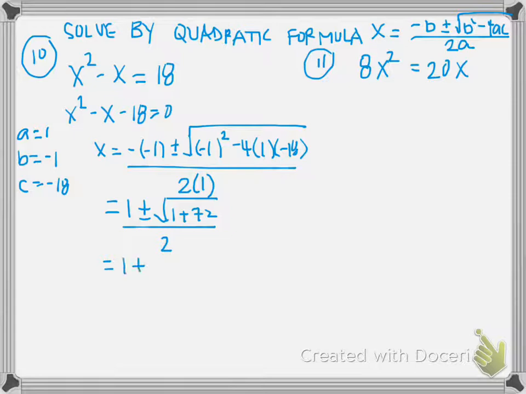So then this will be 1 plus or minus square root of 73, all over 2. So you'll have 1 plus square root of 73 divided by 2, which is 4.77. And then you'll have 1 minus square root of 73 divided by 2, and a negative 3.77.